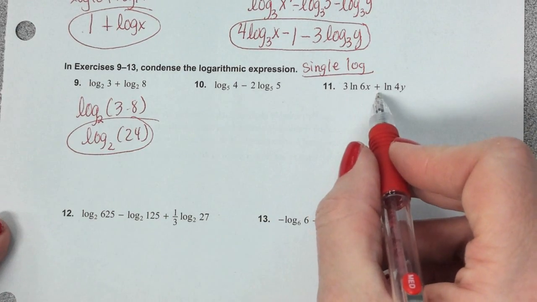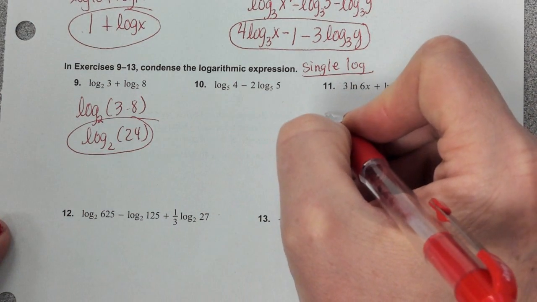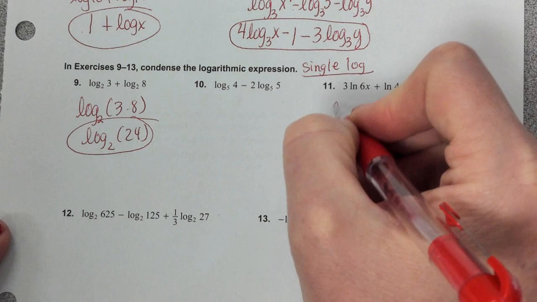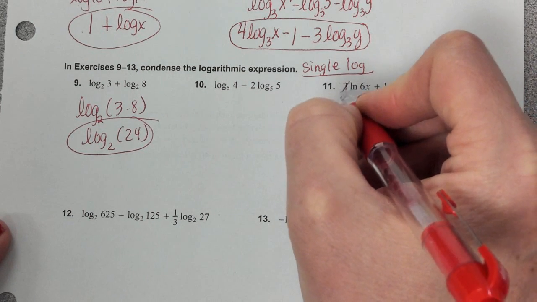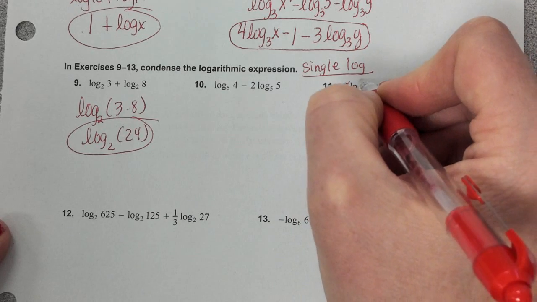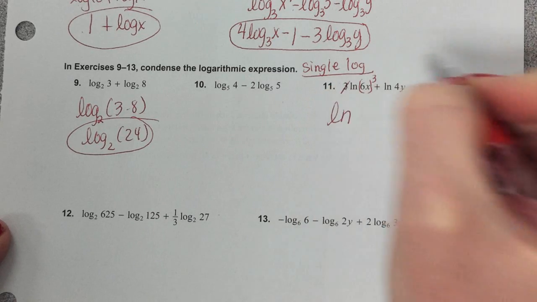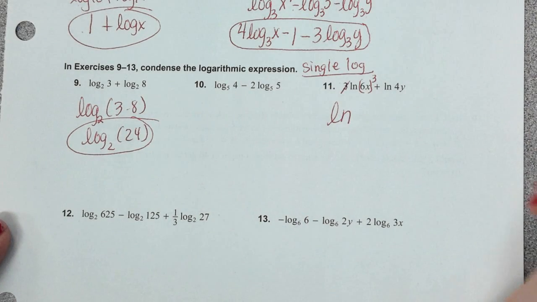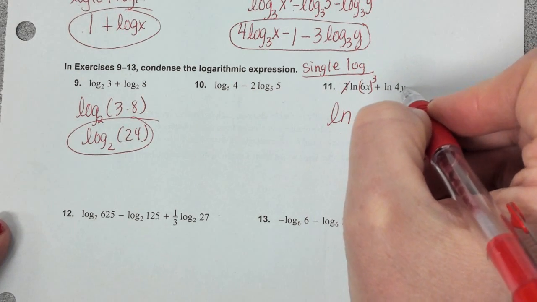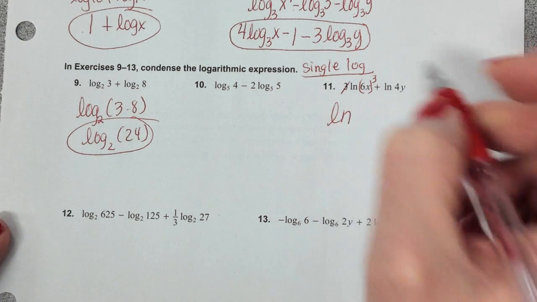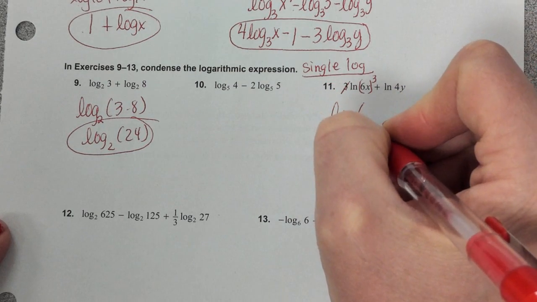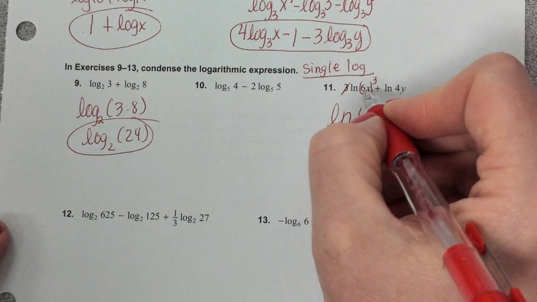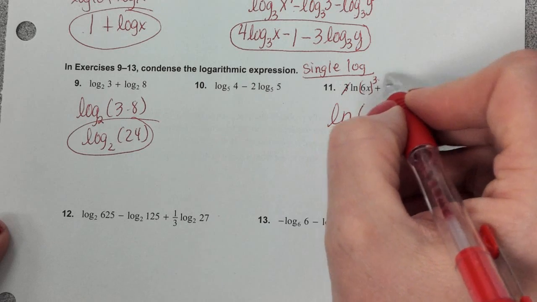This one, also addition. So we're going to have, but watch how I have to do this. It's going to be the natural log. What happens to the 3? It's now going to become an exponent, and it has to be for this whole 6x. That whole thing has to get cubed. This one isn't raised to any kind of power. So now what I would have to do is I'd have to say this is natural log, and I have to cube 6x, the whole thing.